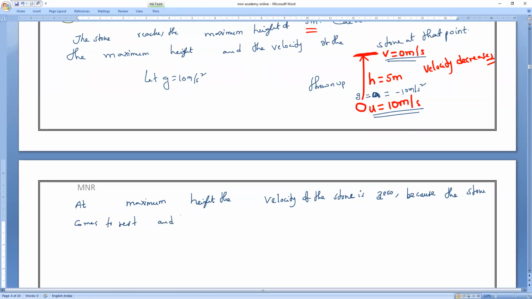And then what will happen, Mari? Will it stay there or start returning downwards? It starts returning, sir. Yes, it returns back. So that is what you have to remember.